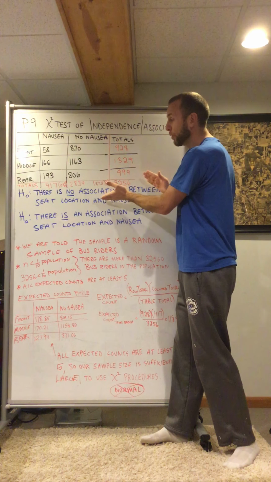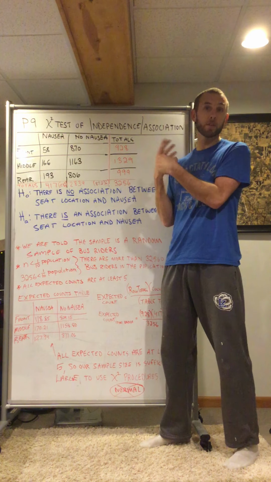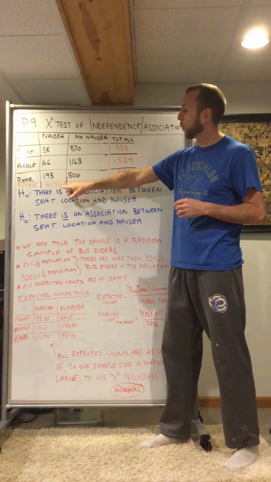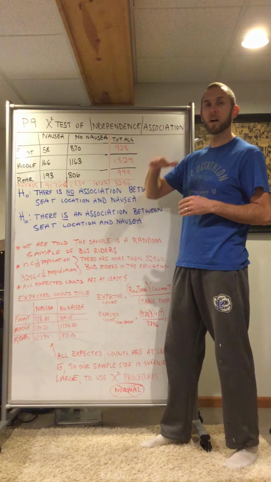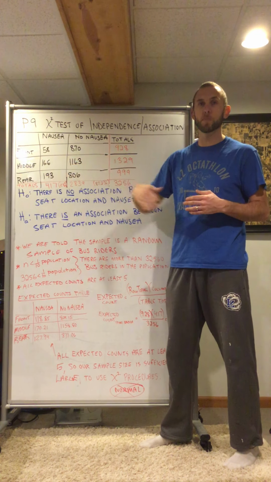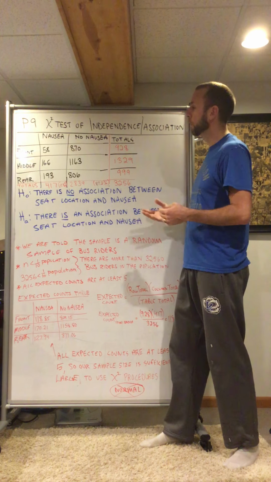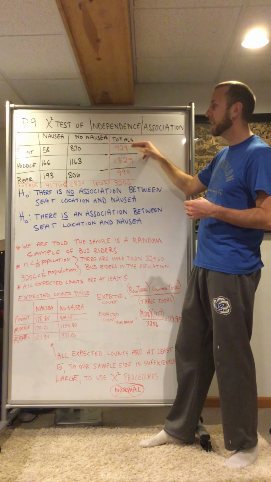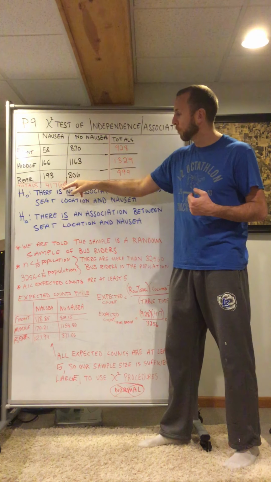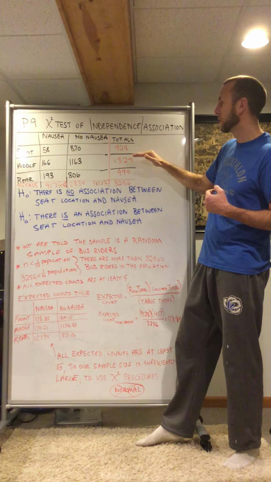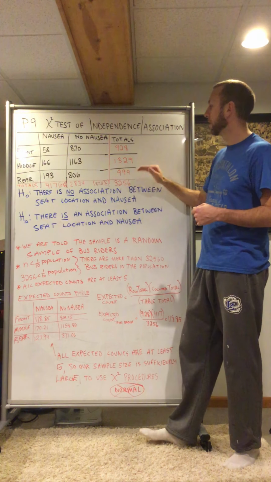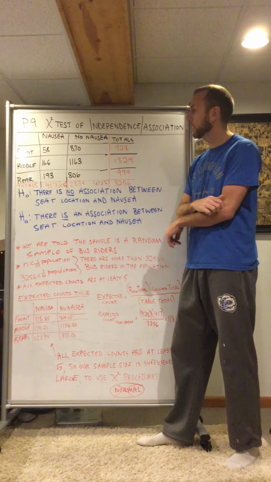So if there truly is no association, if we assume the null hypothesis is true, then that means we expect 12.8% of bus riders sitting in each region will experience nausea. So we would expect 12.8% of these 928 front riders to experience nausea, and 12.8% of the 1,329 bus riders in the middle, and 12.8% of the 999 bus riders in the rear.